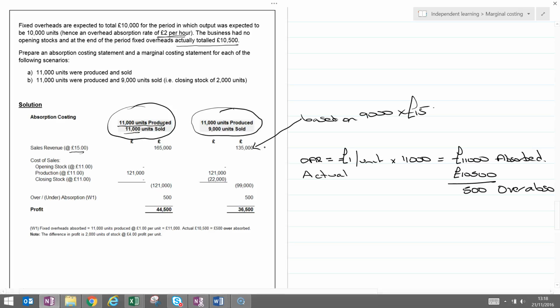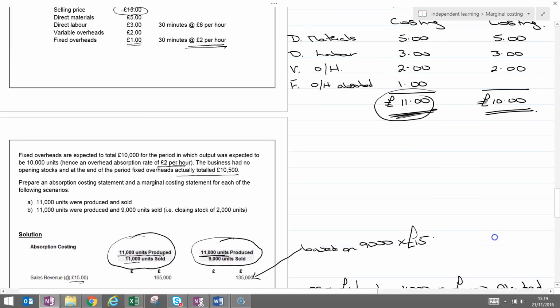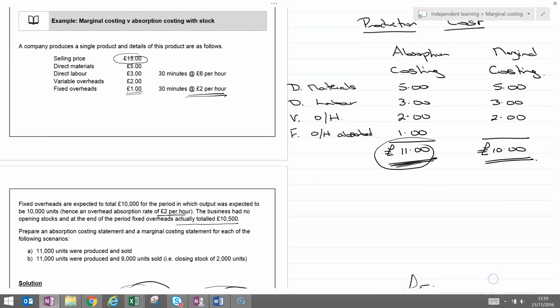Then we move to our cost of sales calculation again. No opening stock. Production. Remember, we produced 11,000 units. So our production, 11,000 units at £11 a unit. Remember, we're still doing absorption costing, and our production cost under absorption costing is £11 a unit, this figure we've worked out here.